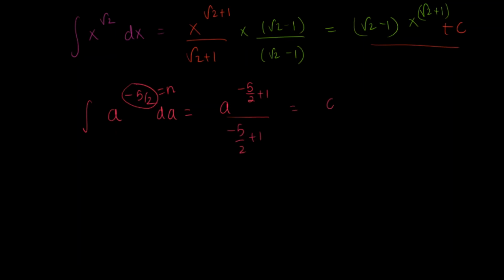This gives you a to the power of -3/2 divided by -3/2. And if you wanted to write this in a better way, this will be -2/3 times a to the power of -3/2. And again, include the plus c to include the constant.